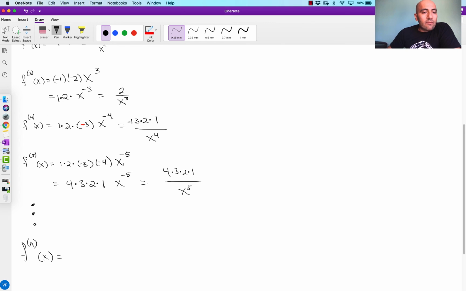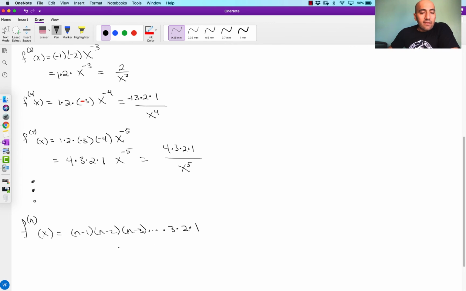The third derivative, the countdown started at 2. The fifth derivative, countdown started at 4. Okay, so then for this derivative, the countdown is going to start at n minus 1. So there will be an n minus 1 times an n minus 2 times an n minus 3, dot, dot, dot, all the way down until we get to this 2 times 1, that kind of thing. Okay, so all of that can be just expressed as n minus 1 factorial, right?